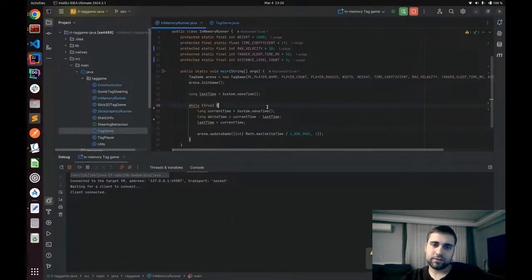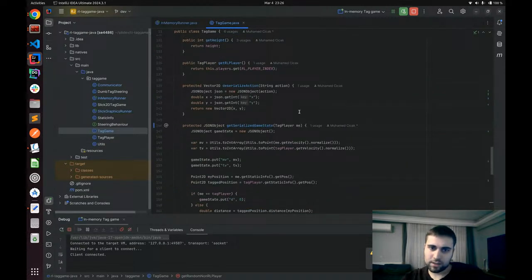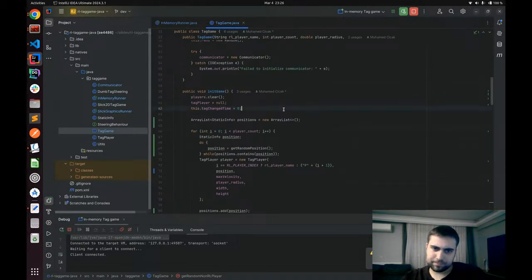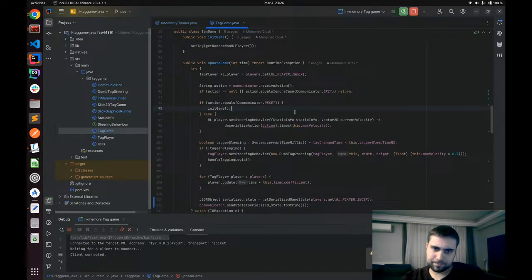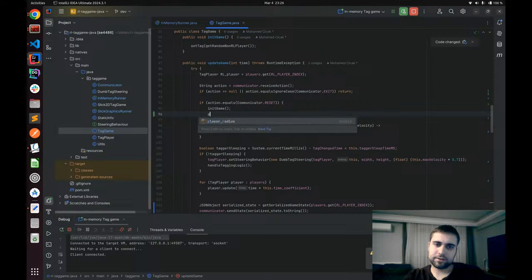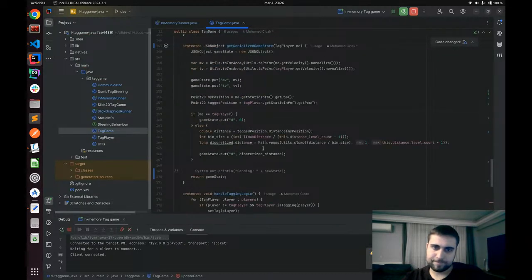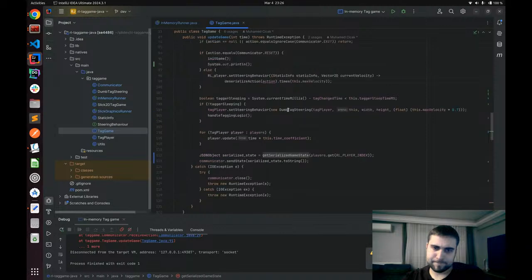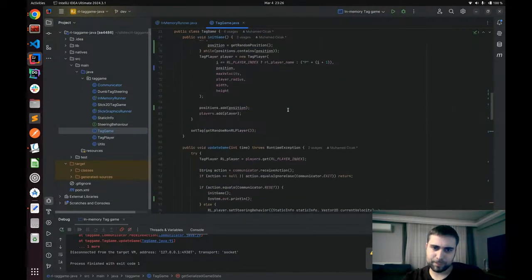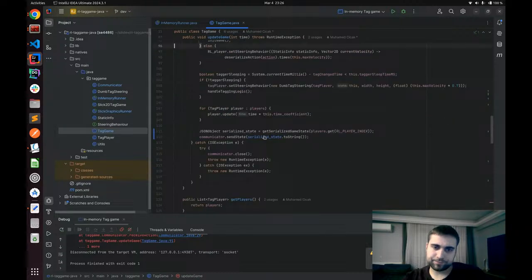Actually, what I ought to do is simply print. Can I print the game state somehow? I don't know. What's the function? Yeah, I can do this.